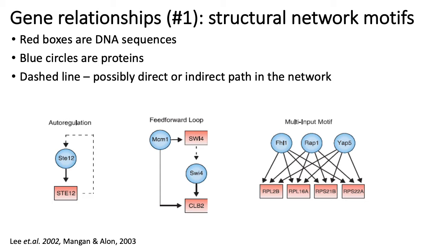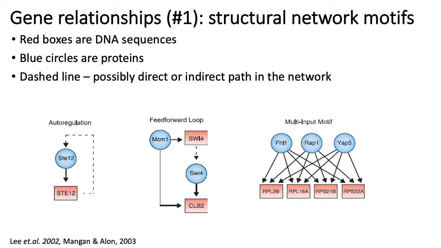In what's known as a feed-forward loop, basically you can have, for example, a regulator like MCM1 basically bind to and regulate the expression of another factor, SWI4, and SWI4 can go on to regulate the gene CLB2, but CLB2 can also be regulated by MCM1 directly.